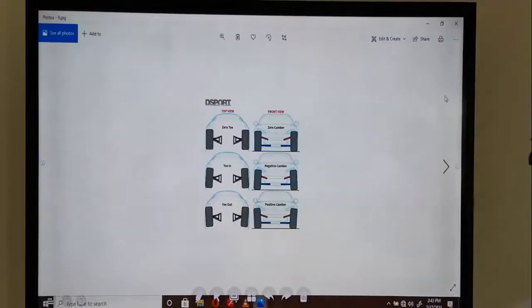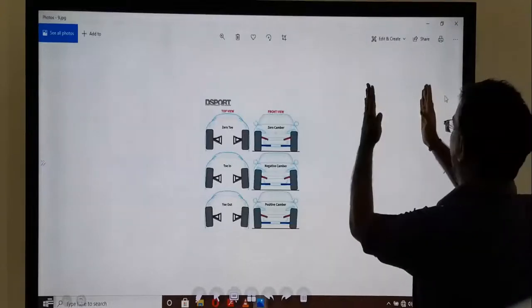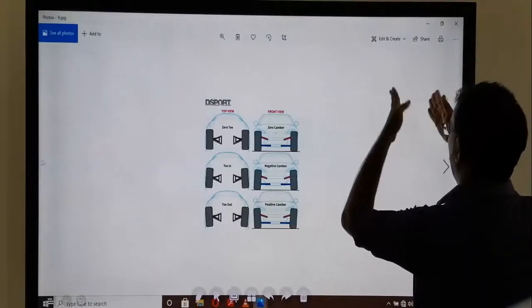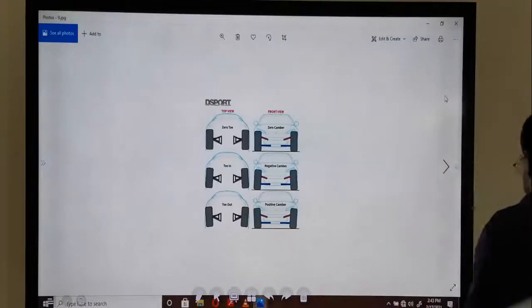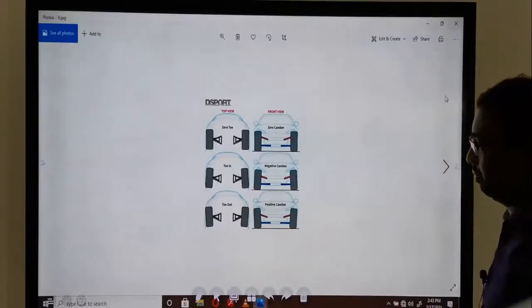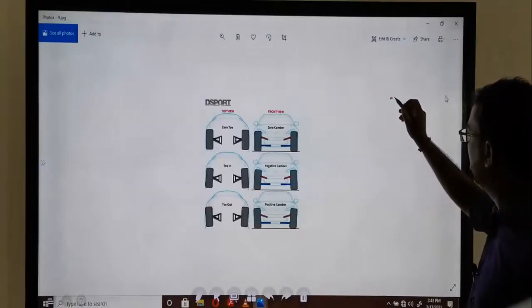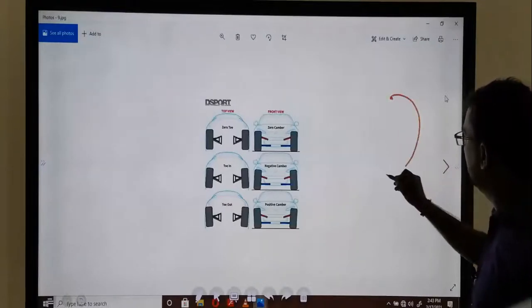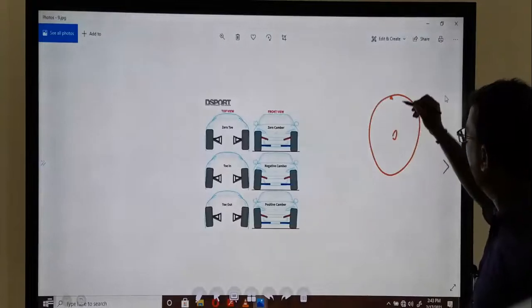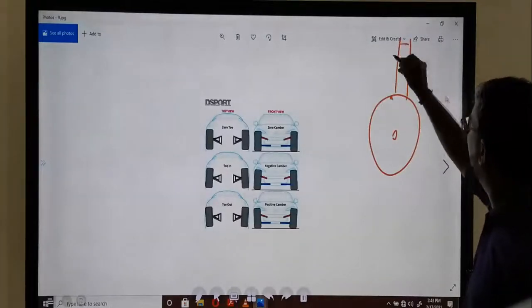Caster, there are 3 types of alignment. Caster means the wheel moves to the front or back. Normally the wheel and the shock absorber are like this, with the coil spring.